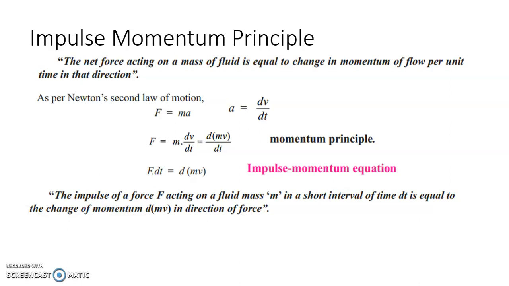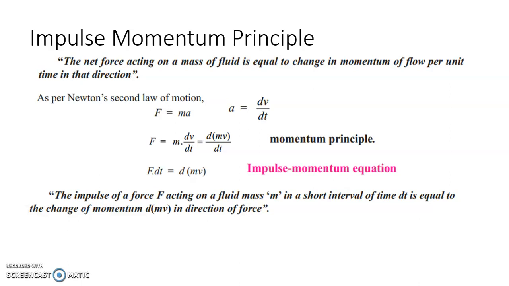As per Newton's second law, F equals m into a. The direction of F and the direction of a are one and the same, where m is mass and a is acceleration, which is the rate of change of velocity. So it is dv by dt, where dt is the unit time that we consider here.